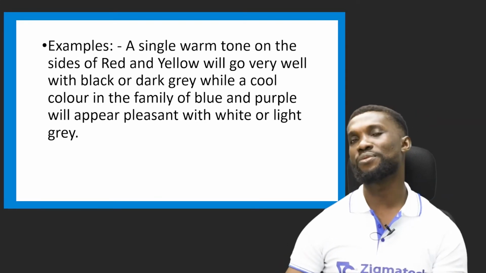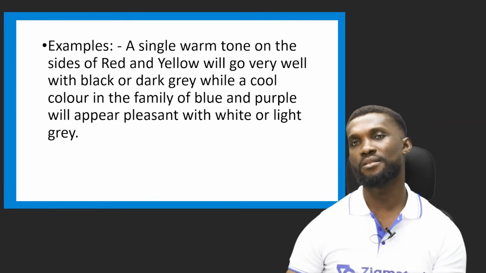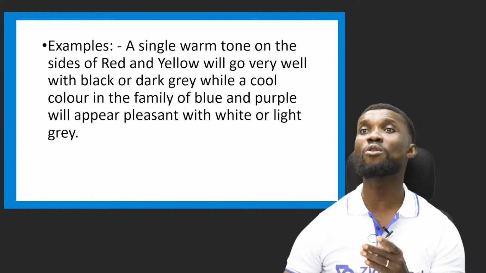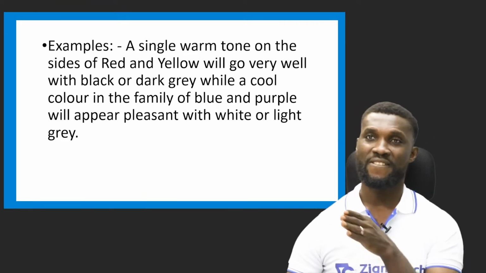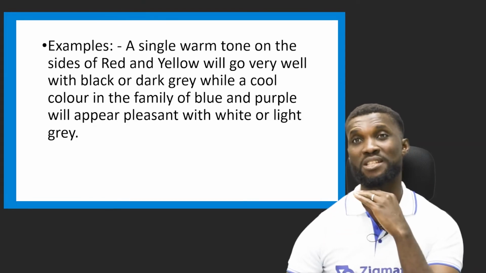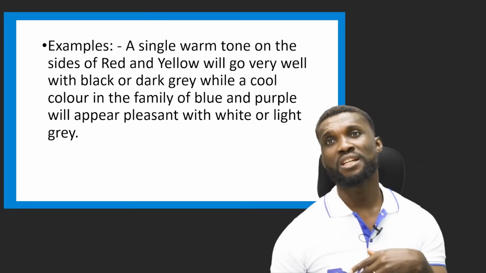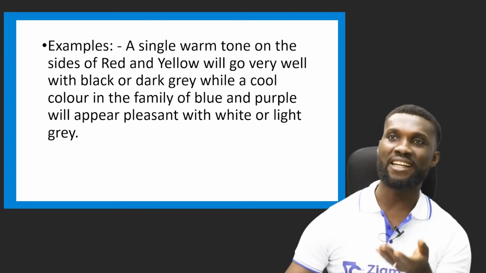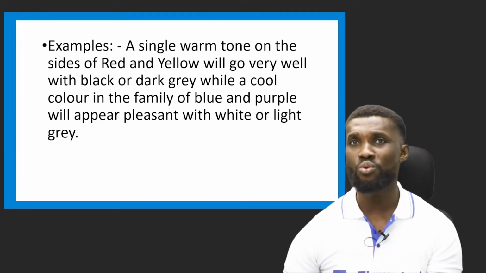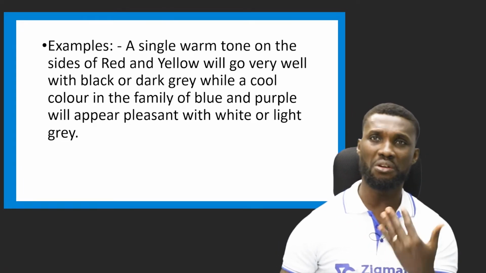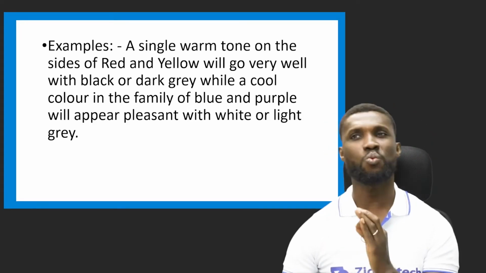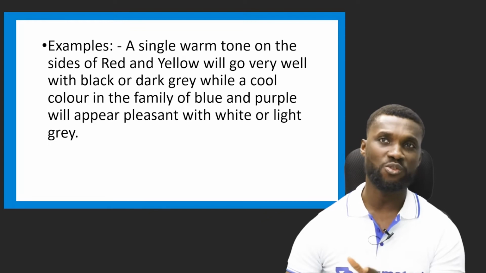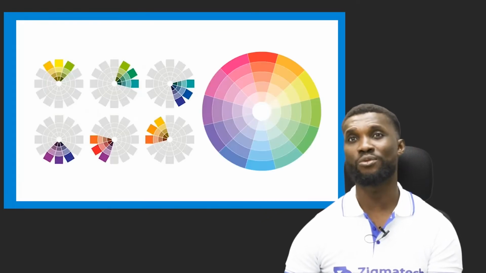Now, examples of harmonious colors: a single warm tone in the family of red and yellow will go well with black or dark gray and give you a very beautiful combination, while a cool color in the family of blue and purple will appear pleasant with white or light gray. That's a perfect example of harmonious color.